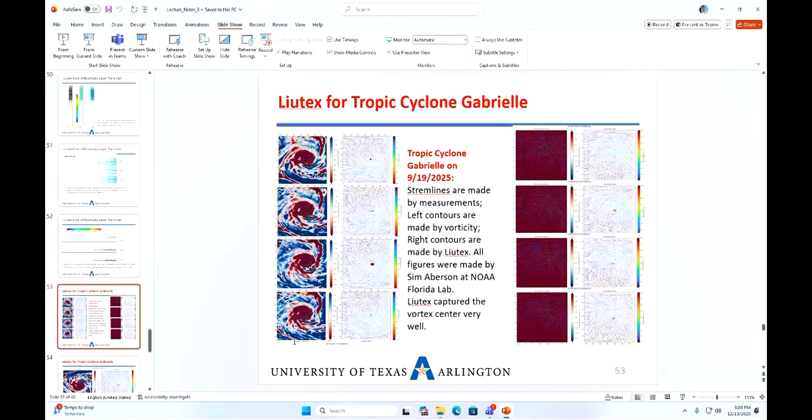That could be here, could be there. This is Earth, and there could be 100 kilometers difference. How can we do the right forecasting?